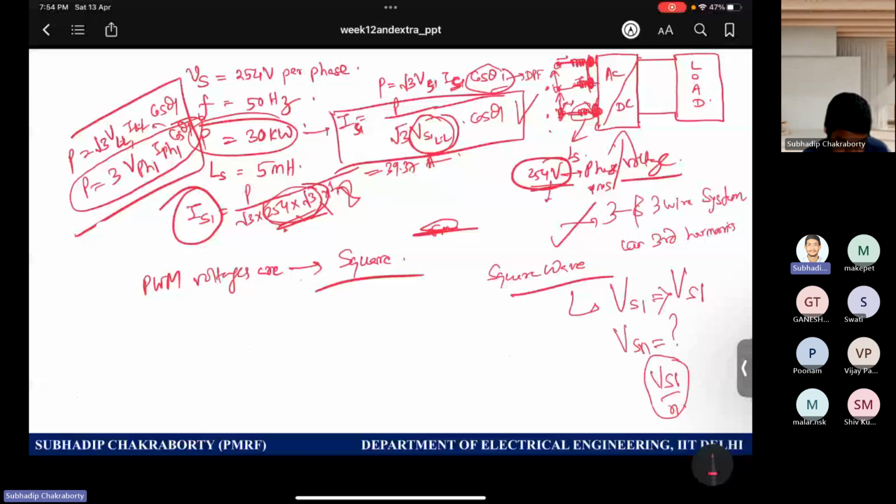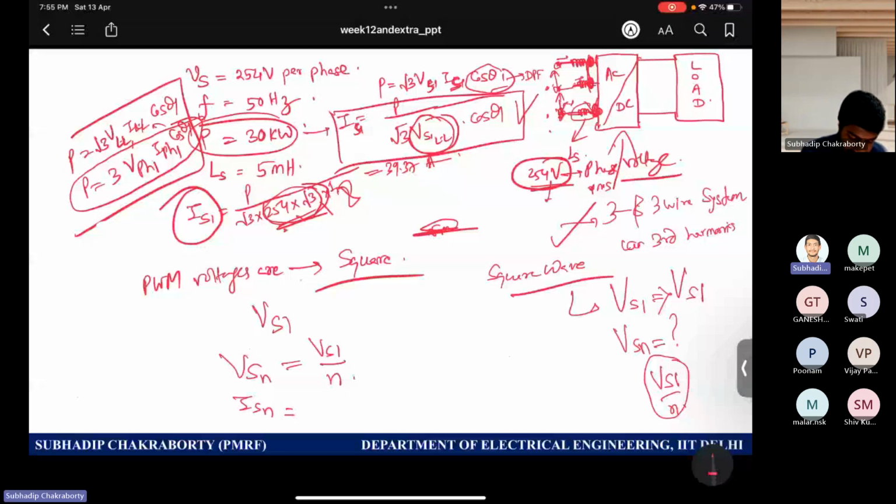So if I know VS1, I know VSN as VS1 by N, and ISN as, what will be ISN? The voltage across the inductor is the harmonic voltage, right?